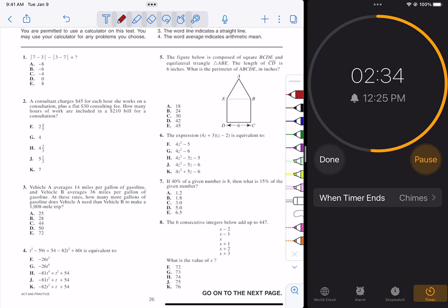We do 1 through 5 and then stop. You have 2 minutes left.